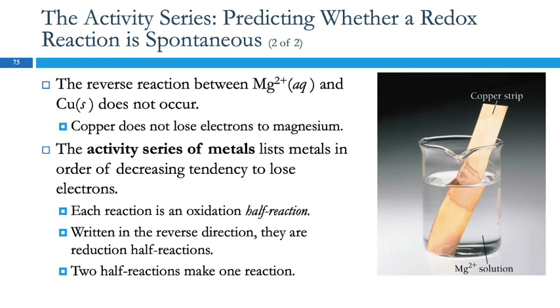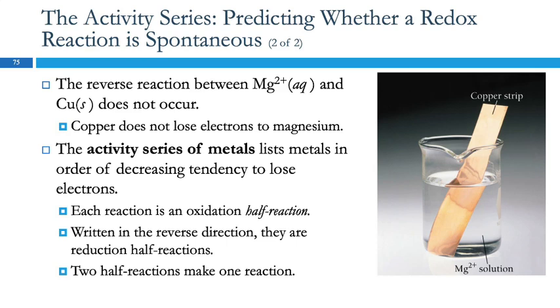So the activity series of metals is looking at metals in the order of decreasing tendency to lose electrons. So magnesium has a higher tendency to lose electrons than copper does. So copper's not giving its electrons up to magnesium.